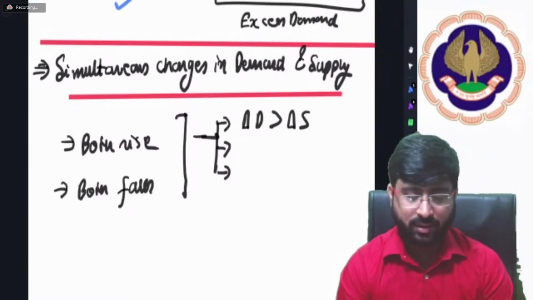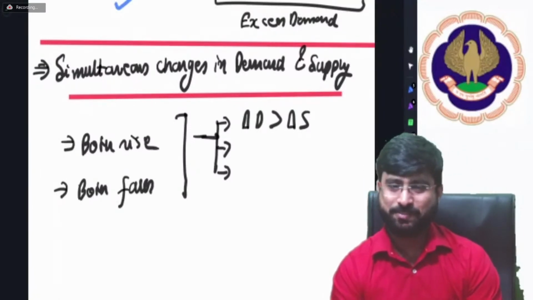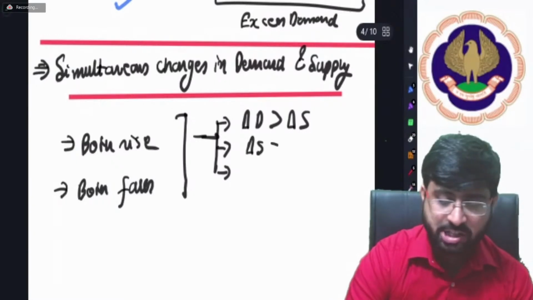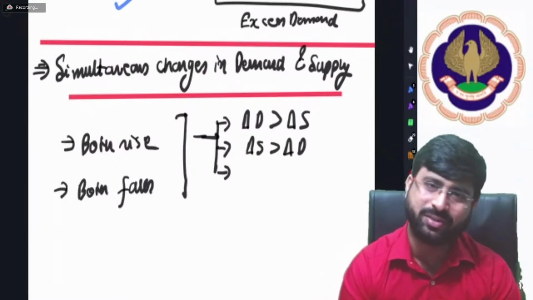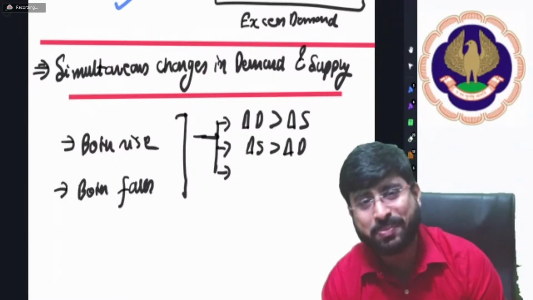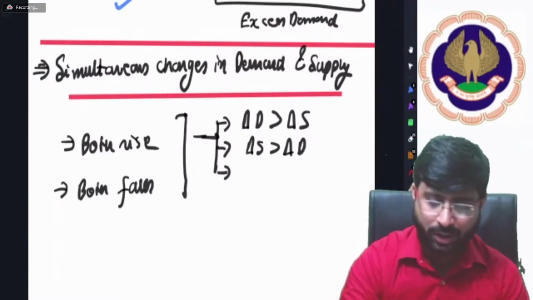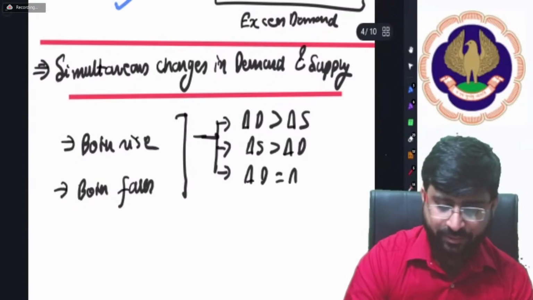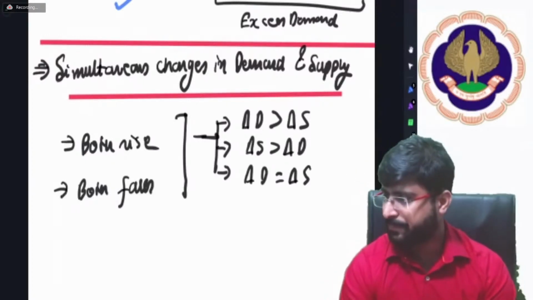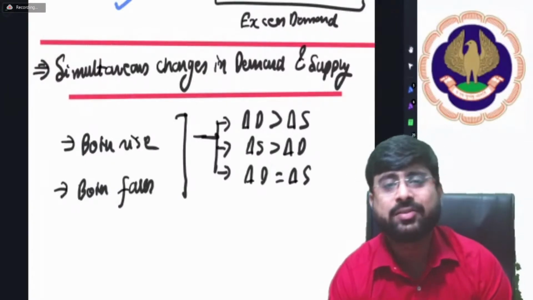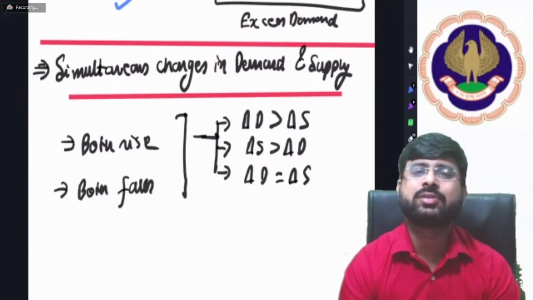Or both could be falling and demand could be falling at a greater pace. Or it could be change in supply is greater than change in demand. So supply could be rising at a larger pace, or supply could be falling at a larger pace, or the pace could be equal. That is, the change in demand is exactly equal to the change in supply. So both are changing at the same pace. This could be the case.